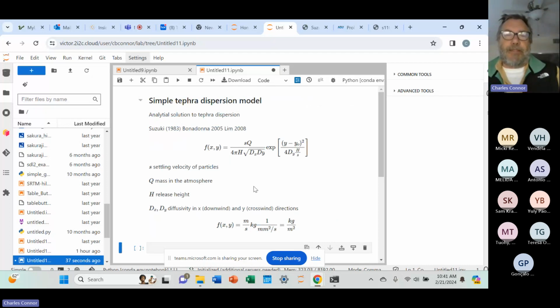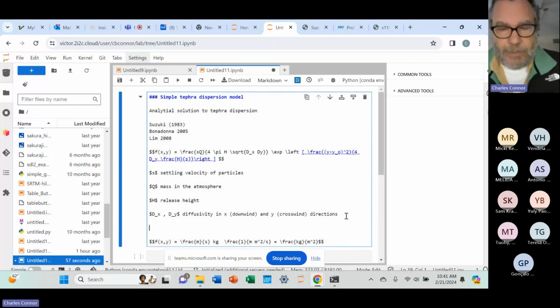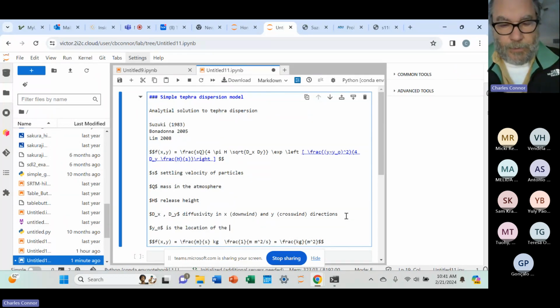Okay, so let's define these terms. We've already defined the diffusivity, the release height, and the settling velocity of the particles. So y naught is going to be the location of the volcano in the crosswind coordinate, right?